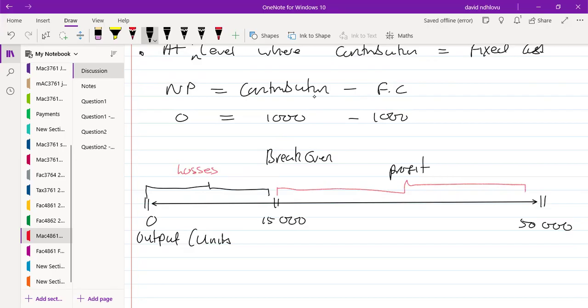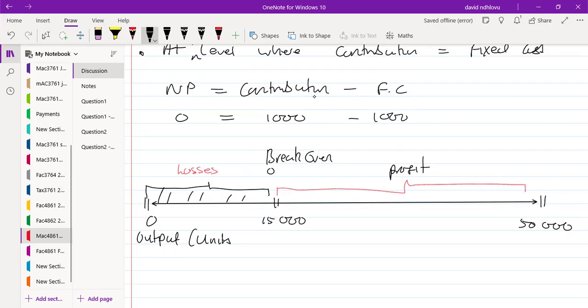But here we make zero profit. So at break-even, we are exactly at equilibrium where we are making neither a profit nor a loss. Any production that is below the break-even quantity of 15,000 will mean that the entity is making losses.